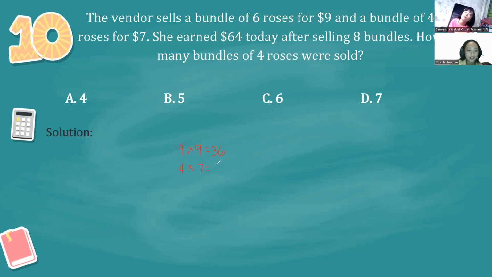That is 28. We add this one. We have 64. So, how many bundles of 4 roses were sold? That is 4, right? The vendor has sold 4 bundles of 4 roses.